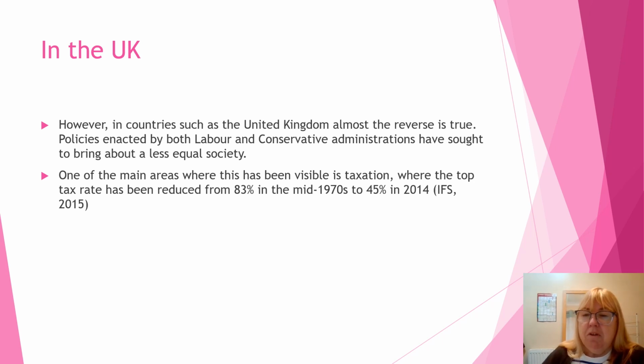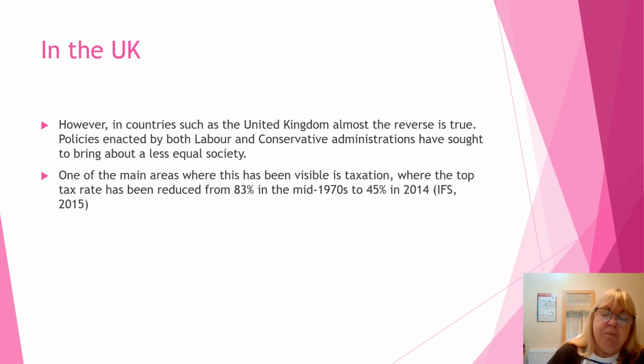One of the areas that has been really visible is that taxation for the very, very high earners has been reduced over the last 30 years. In 1983, the very top tax rate was 83%, which is huge, actually. 83% of someone's earnings went in tax.